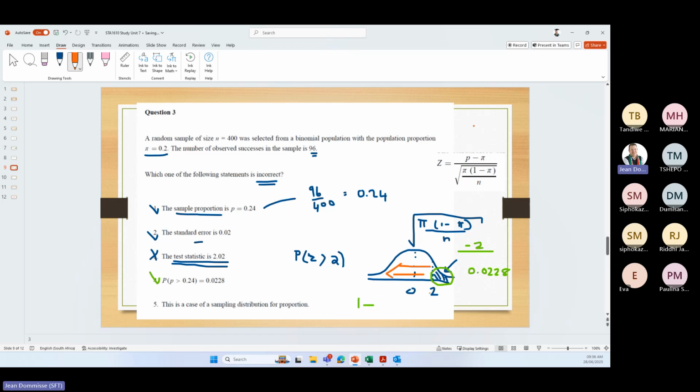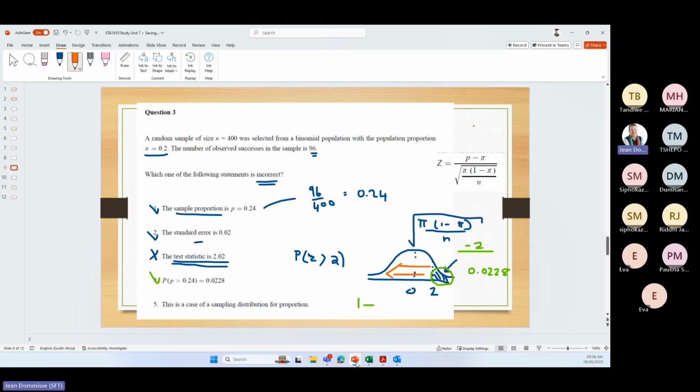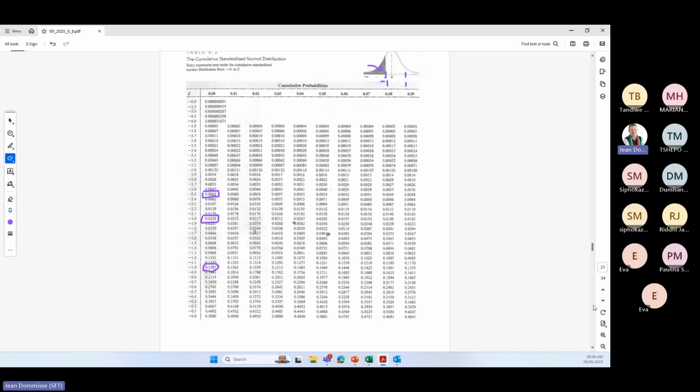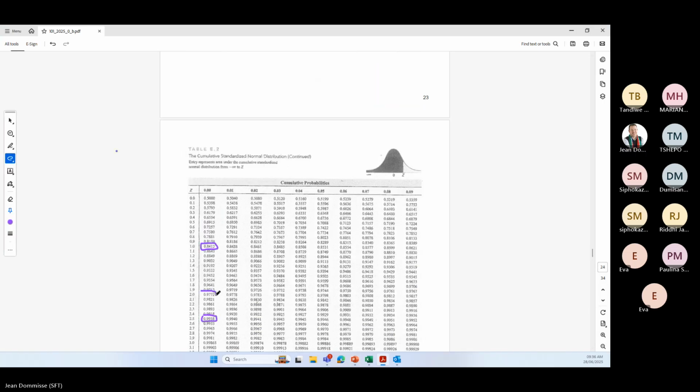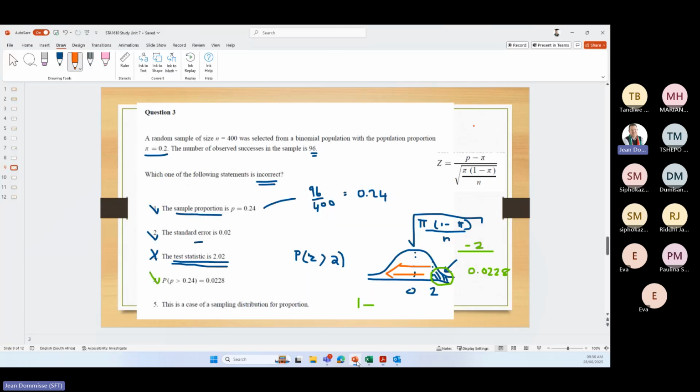Orange area, we will again just check for +2. So +2, 0.9772. So 1 minus 0.9772, and that also gives us the 0.0228. So again, positive table or negative table, you get the same answer.